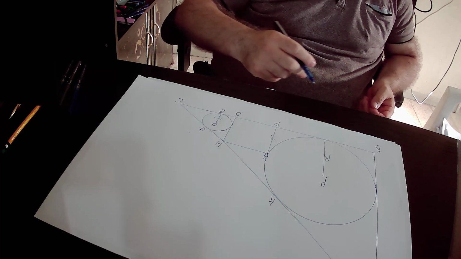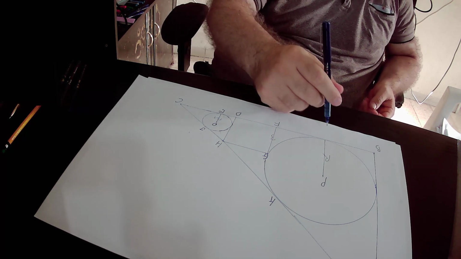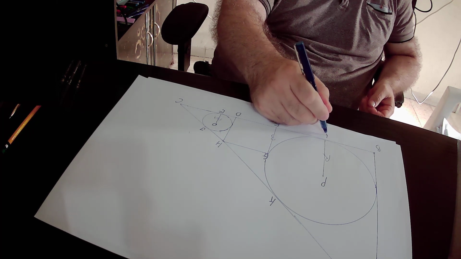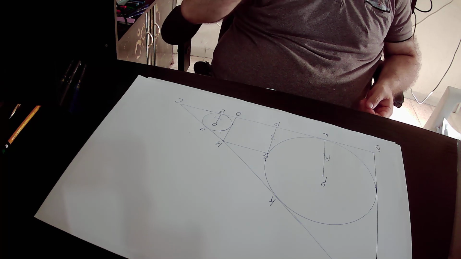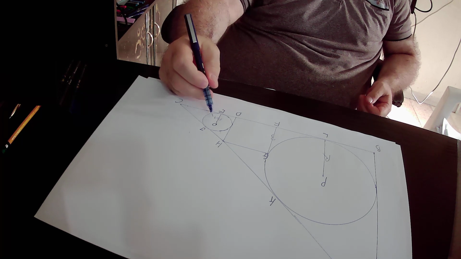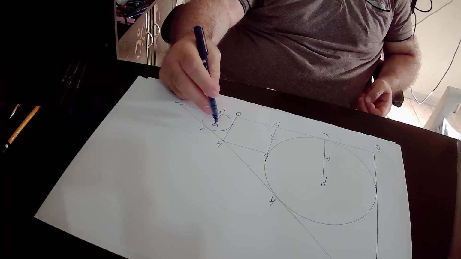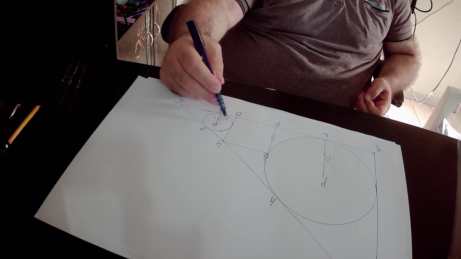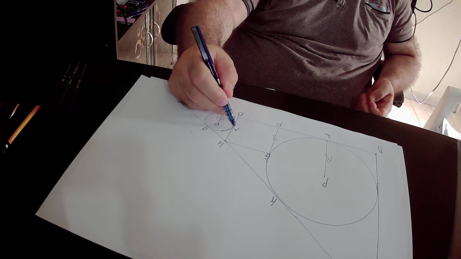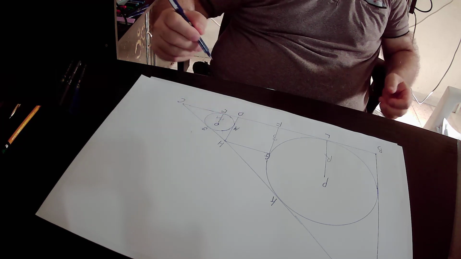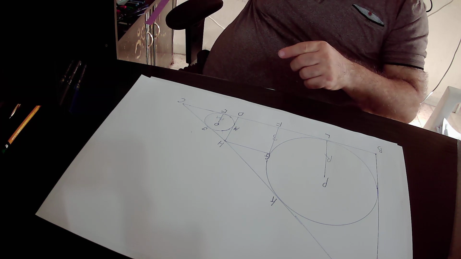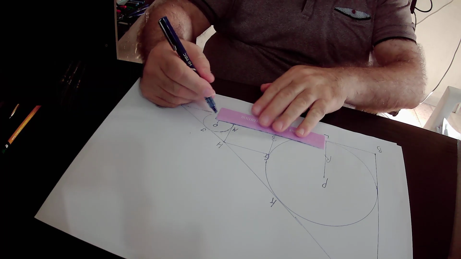We define the point of tangency of BC with the big circle as L. And we will define the point of tangency of side AD of the square and the circle as point M. We will join points M and O together by a straight line.